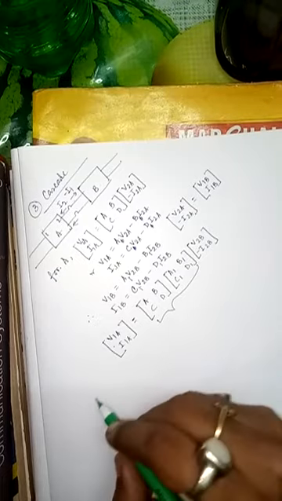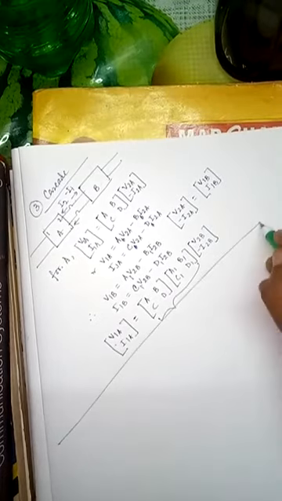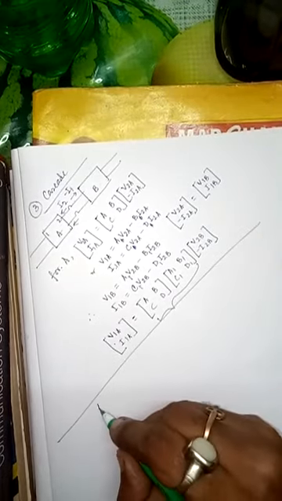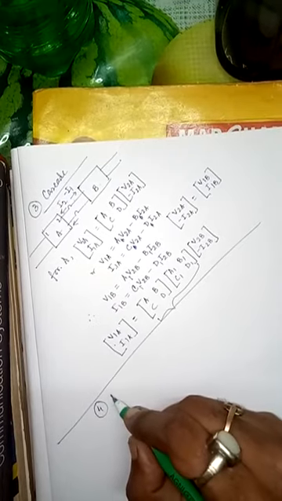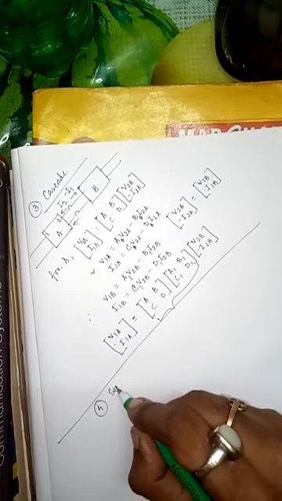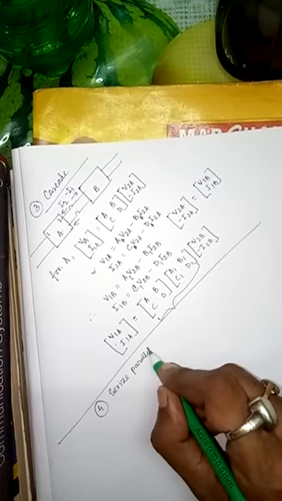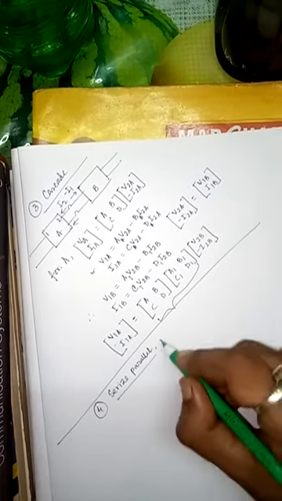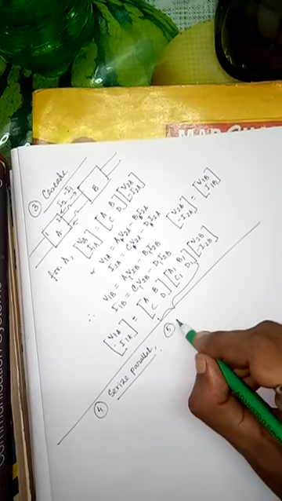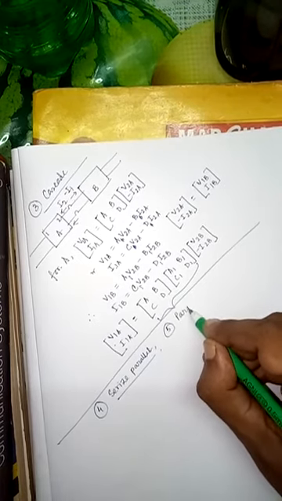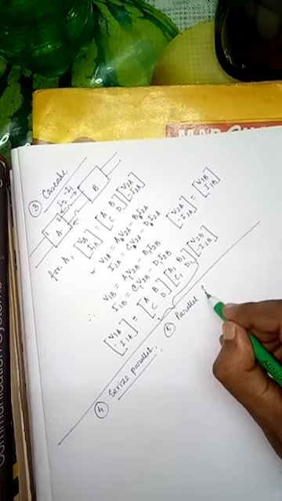Besides that, one more thing is there. This is called number 4, that is series parallel, and the fifth is parallel series.